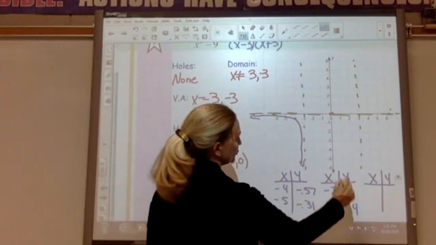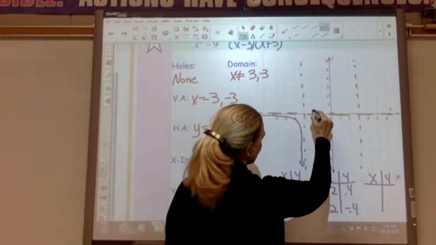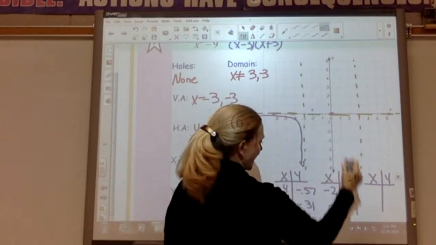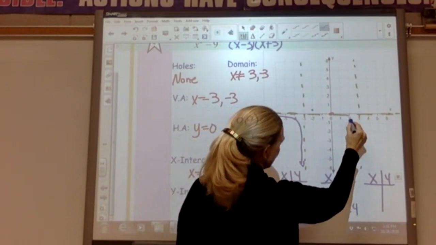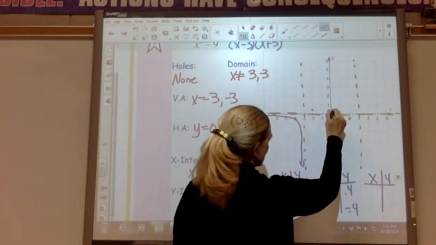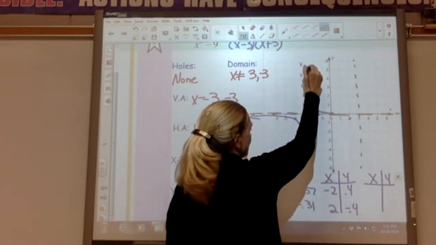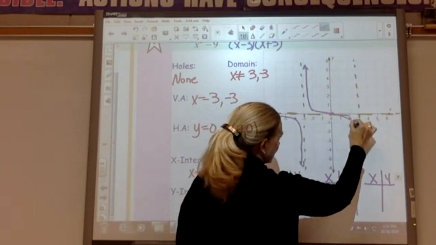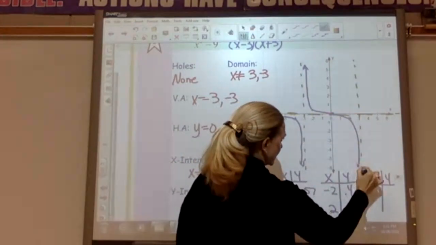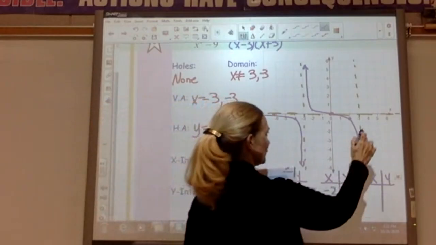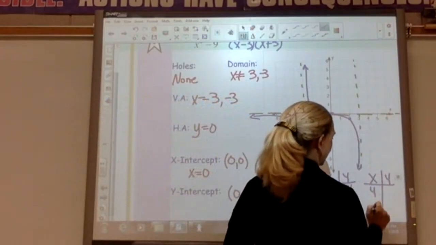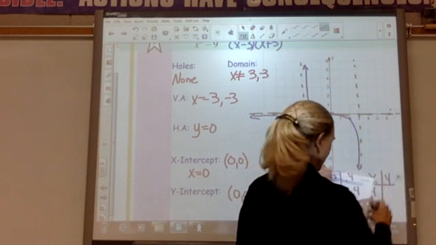So I have -2, 0.4 and then +2, -0.4. So this is doing this. And then over here on the far side, I just use 4 and 5 because I got to go beyond 3.